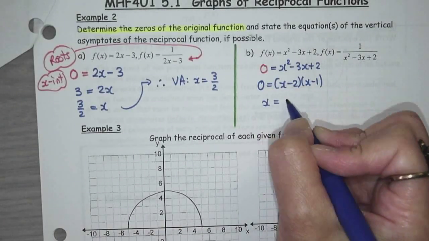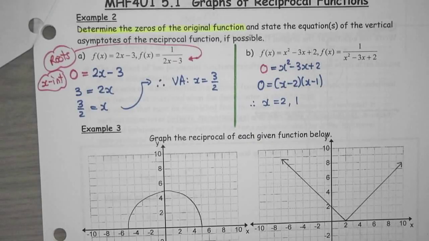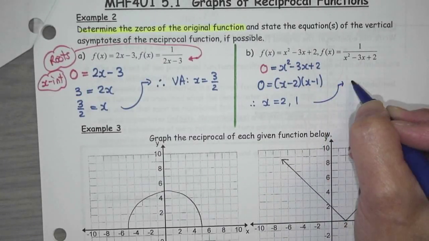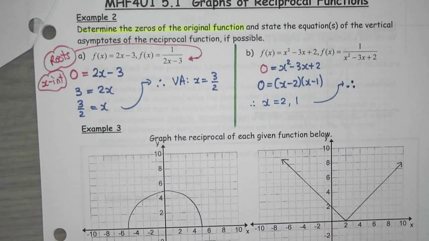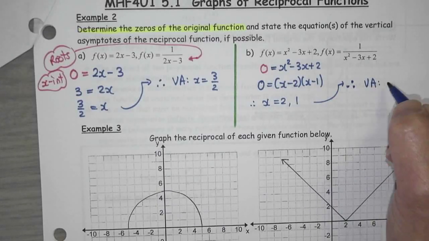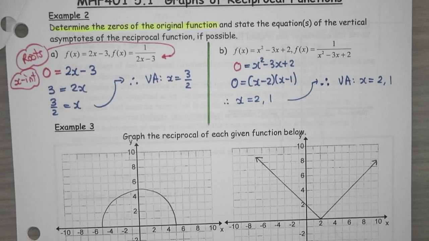So x equals 2 and 1. So from that denominator, I know therefore. Don't just leave it there. Actually conclude it, because otherwise I don't know what you found. You want to say therefore the vertical asymptotes are going to be x equals 2 and 1. So I want you to conclude your conclusion here.